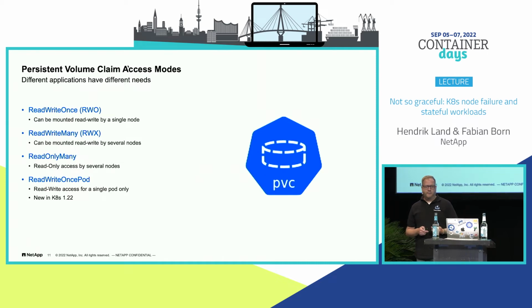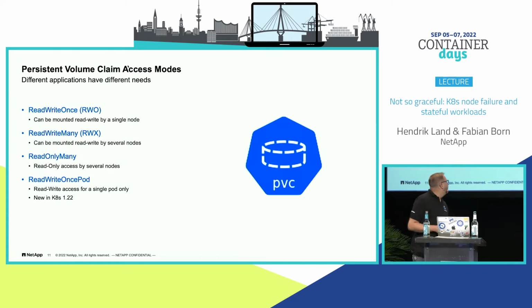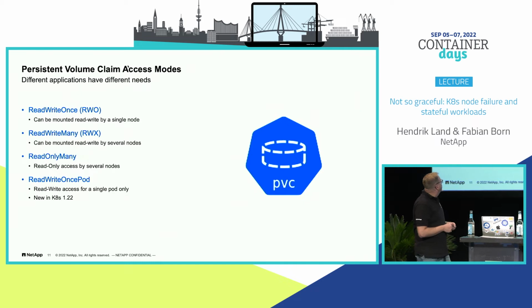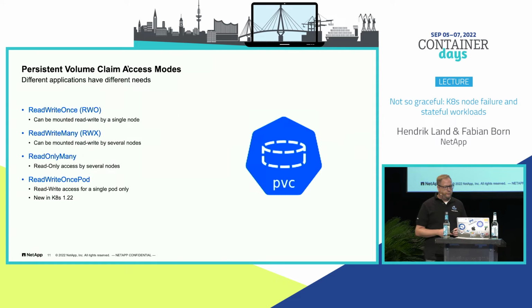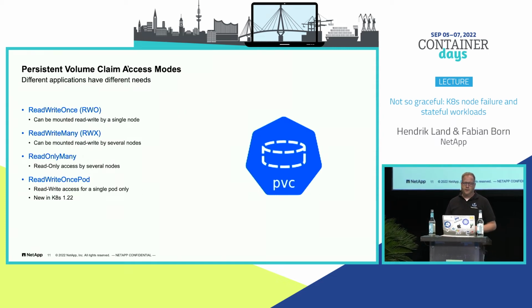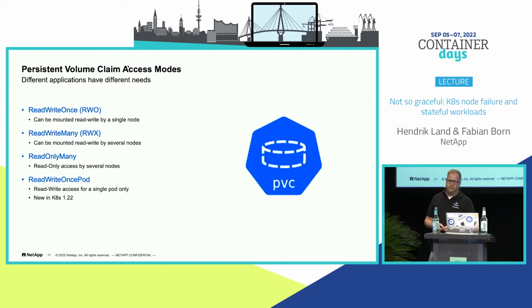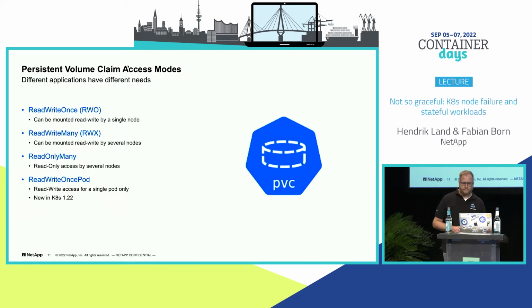We have read-write-many, which can be mounted to several nodes too. You have read-only-many, which means you can mount this to many nodes which can access it. And a new mode is read-write-once-pod, which was introduced in Kubernetes 1.22, which means that you can mount your volume only to one single pod.